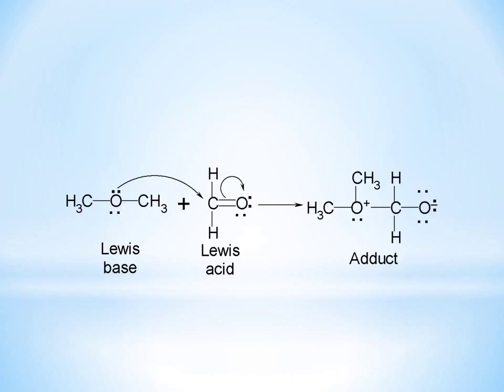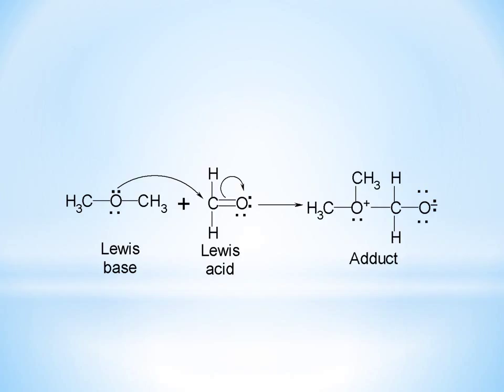So here we have a typical Lewis acid-base reaction where we see the compound containing the oxygen acting as the Lewis base by donating its lone pair of electrons towards the carbon, and then the carbonyl compound accepting that electron pair, and so it is the Lewis acid.